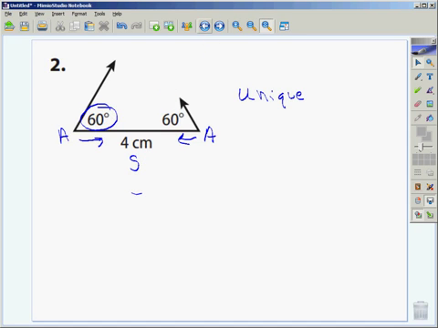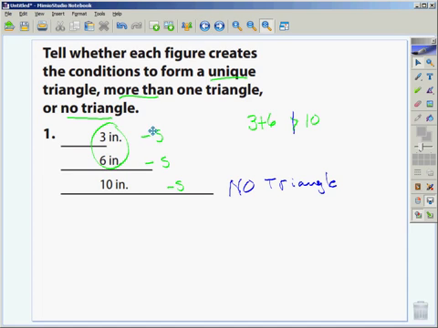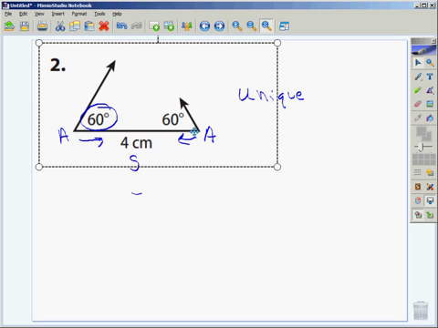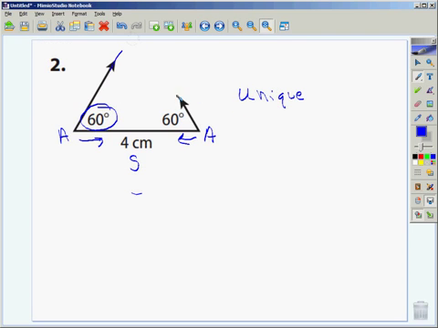The only time you're going to take the two smaller ones and see if it's larger than the largest is if it's all dealing with what? Sides. That makes sense? They gave me an angle, a side, and an angle. What they're saying is if I drew a 60-degree angle, connected a 4-centimeter segment, and drew another 60-degree angle, no matter how we tried to draw it, when we connected these up here, everybody's drawing would, in fact, be exactly the same. That's what it says. Okay?